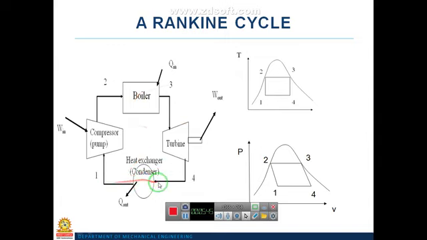In the condenser, the liquid plus vapor mixture is converted back to liquid. So what is the process occurring from 4 to 1, that is, in the condenser? It is the heat rejection process.